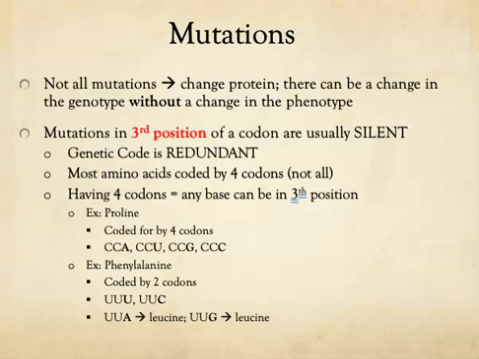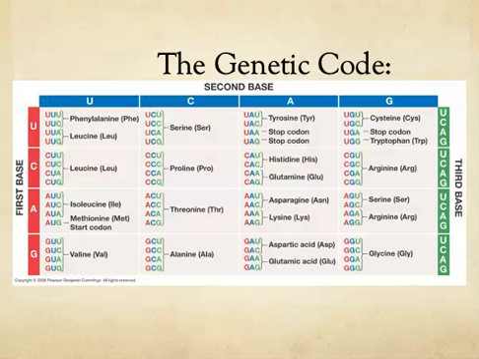Now, what do we mean by that? We mean that for each amino acid, there is more than one codon that codes for it. In fact, for many amino acids, there are 4 codons, and those 4 codons differ in the third position. Look at serine.